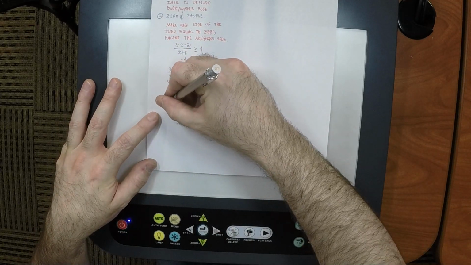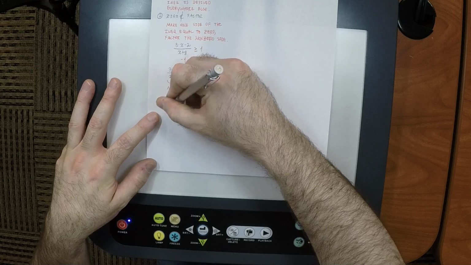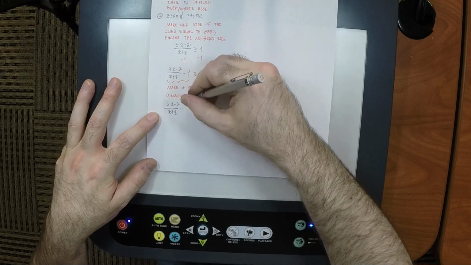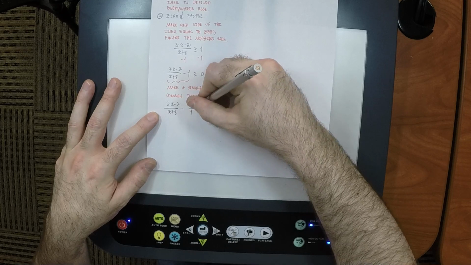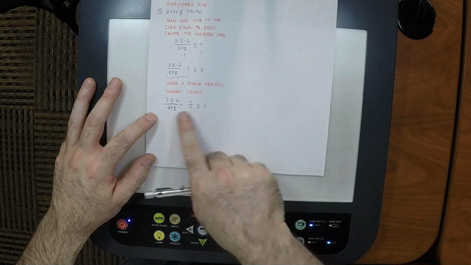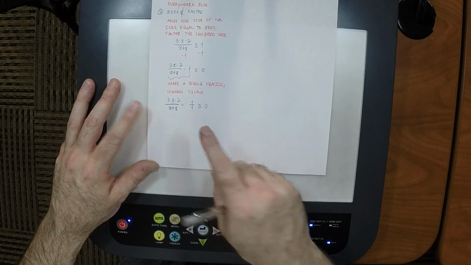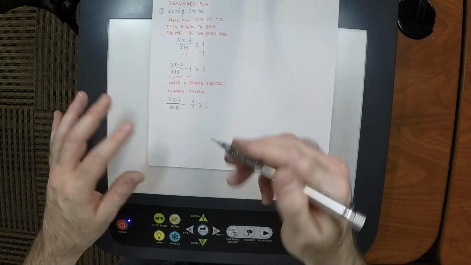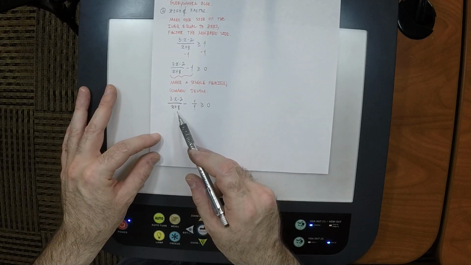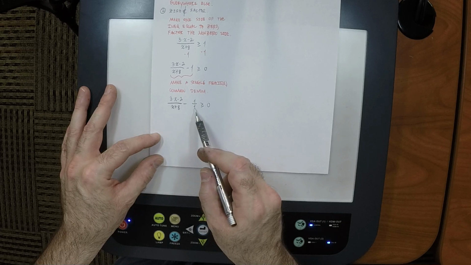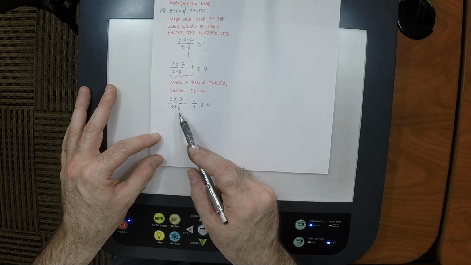You could say that this is like 3x minus 2 over x plus 8, and then subtract, say, 1 over 1, greater than or equal to 0. And so we want the denominators to be the same, because when the denominators are the same, we'll be able to add them. So this denominator is 1, so in some sense it's like missing an x plus 8.